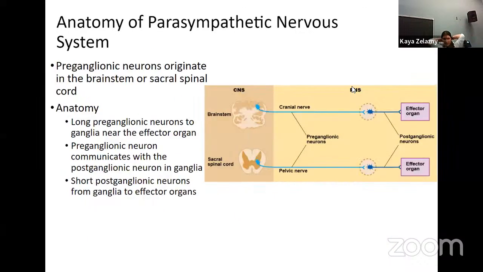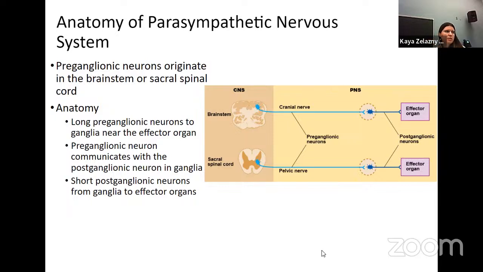All right. So our parasympathetic nerves look a little different because they're not at all involved with the sympathetic chain. A preganglionic neuron in the parasympathetic nervous system is going to start in the brainstem or in the spinal cord in the region of the sacrum. So they're starting in the brain or in the sacral spinal cord.